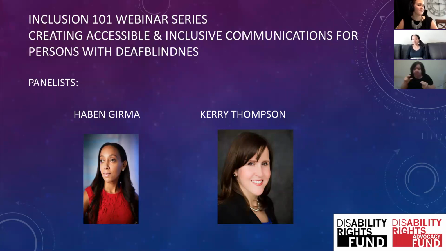If local resources aren't available, then look into international ones like Perkins International, Helen Keller International, and the Disability Rights Fund. Kerry can also help find resources. I just gave Kerry more work. This is Kerry. Yes, you did.